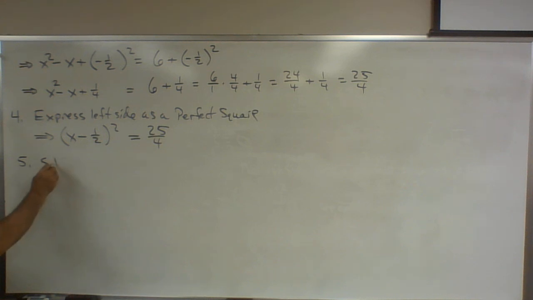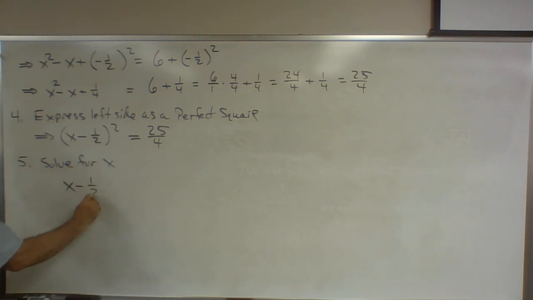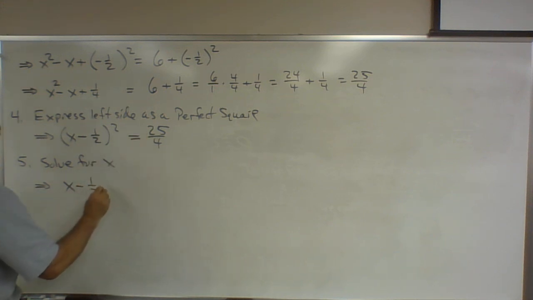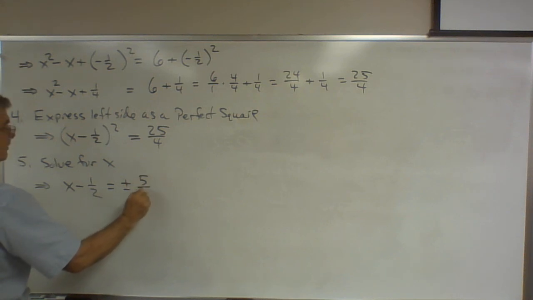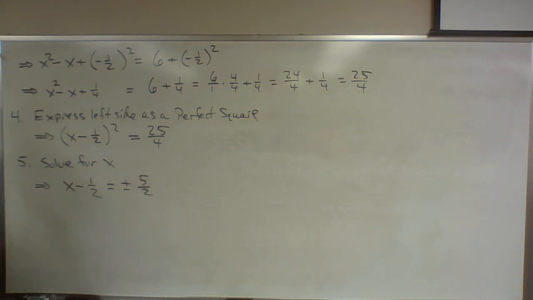Okay, here comes the good part. Solve for x. We compute the square root of both sides. And the square root of 25/4 is plus or minus 5/2. And then we just add 1/2 to both sides.